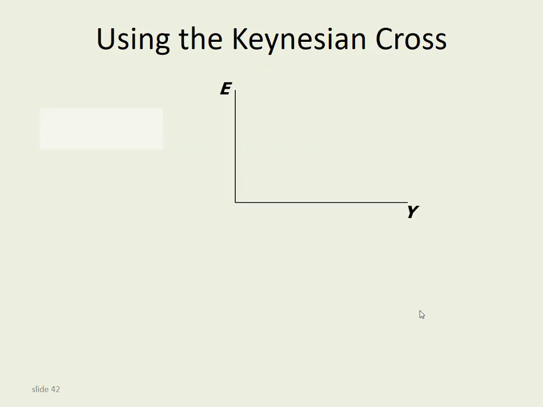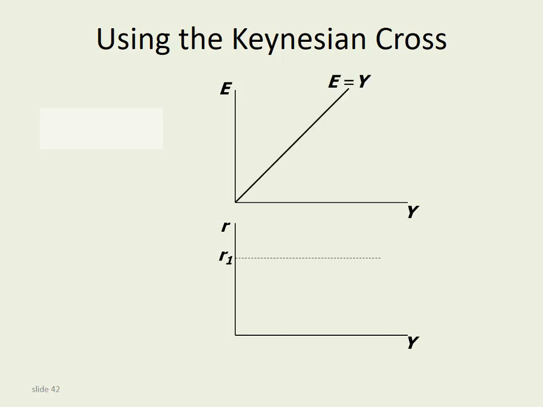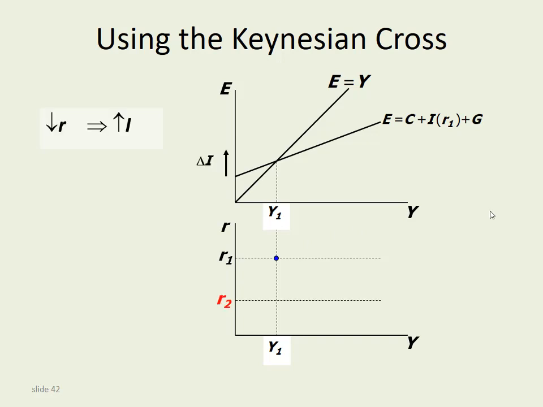Now, if we go back to our Keynesian cross, when we first looked at the Keynesian cross, we were ignoring interest rates. Now we can let interest rates change. So let's start from a situation like this, where this is the interest rate, R1. So R1 is the current interest rate. Now let's assume that there's going to be a fall in interest rates.